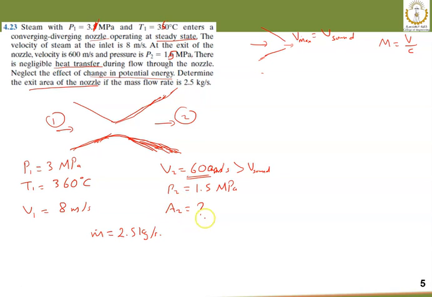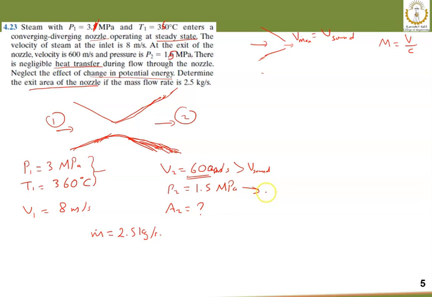So now we need the area. To find that, we need to apply the energy equation. So let's see what the energy equation can give us, because in this state we have two properties, P1 and T1. At the exit we have only one property.